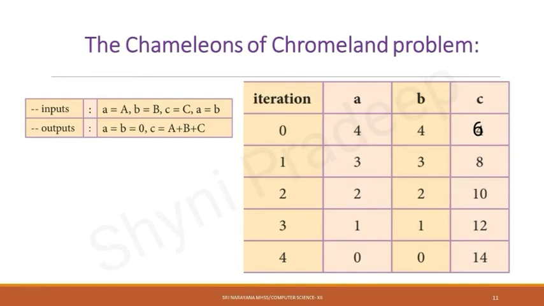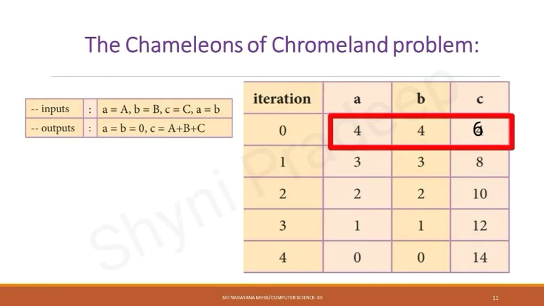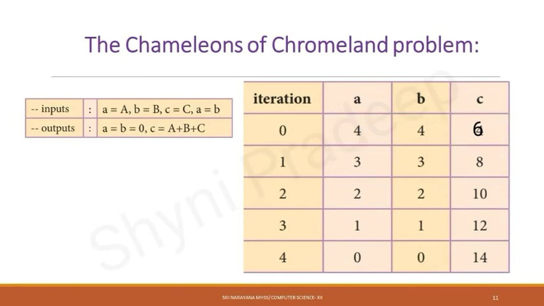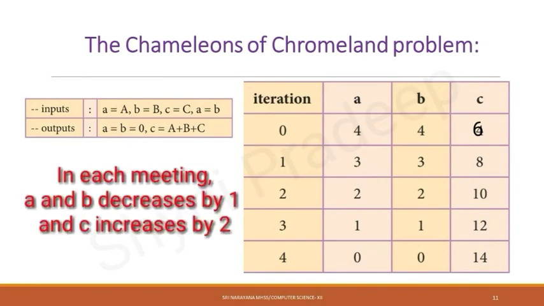Now let us find the solution for this problem. Write iteration, next write the variables A, B, C. First write iteration 0 and write the initial values: A is equal to 4, B is equal to 4, C is equal to 6. Next write iteration 1. Whenever two chameleons of different colors meet, they both change their color to the third color. So in each meeting, A and B decrease by 1 and C increases by 2.